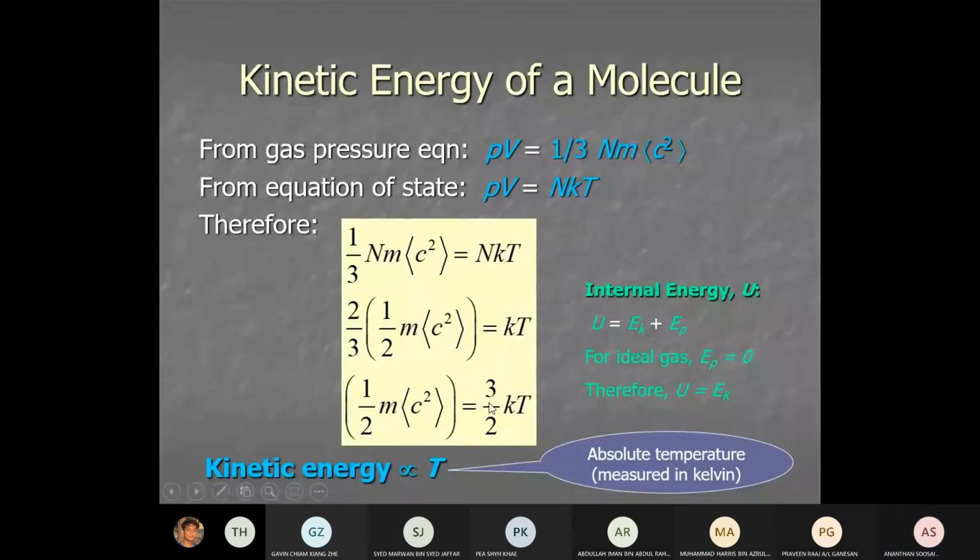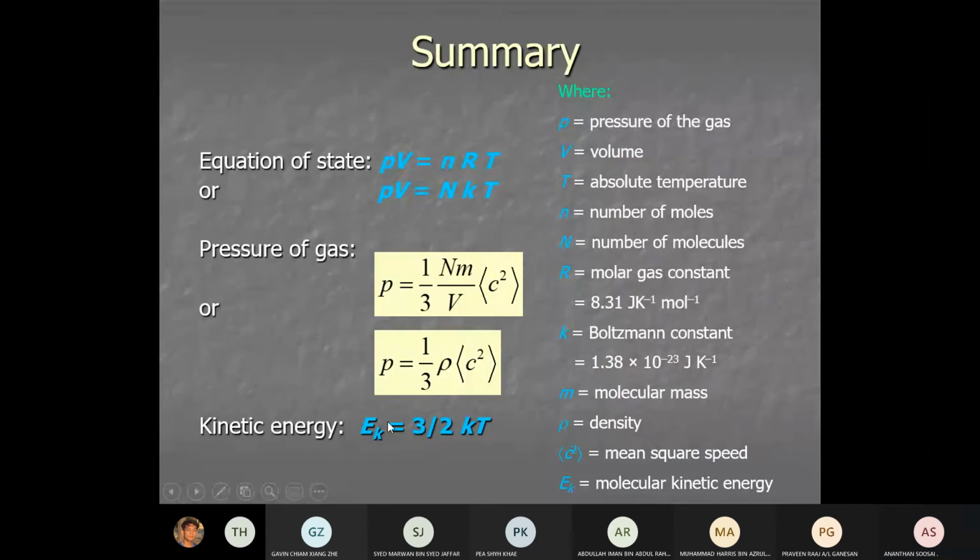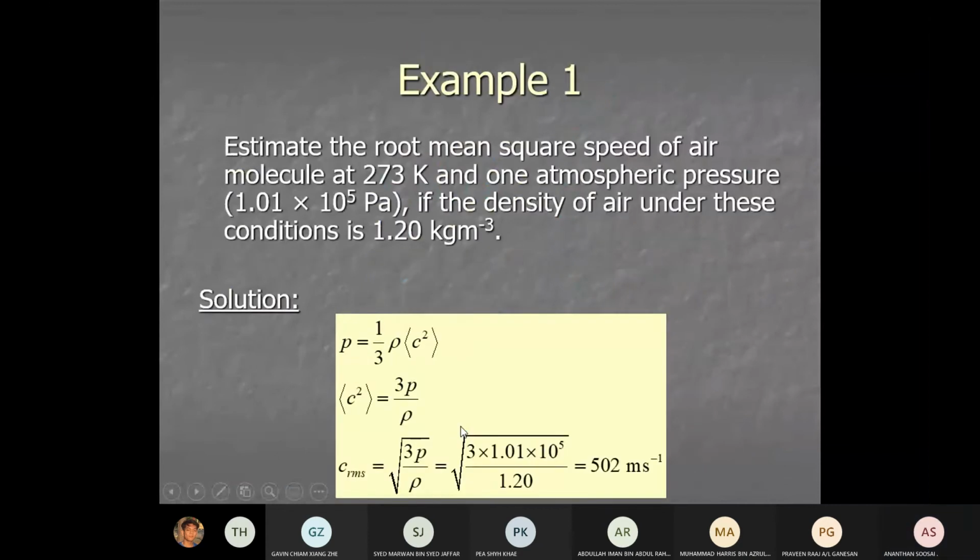So after we learn this equation 3/2 kT, one example. Look at the question, look at the solution. Try to understand.